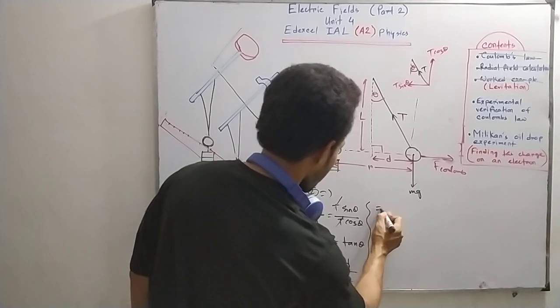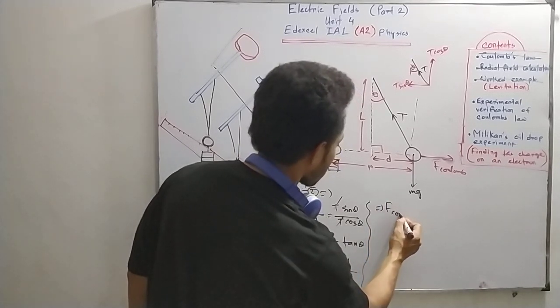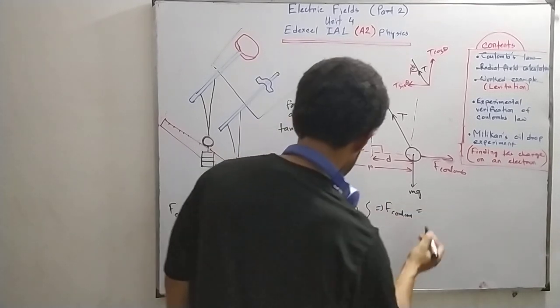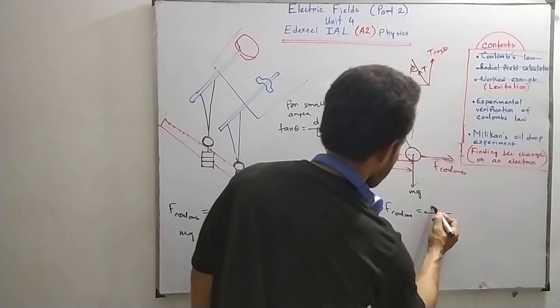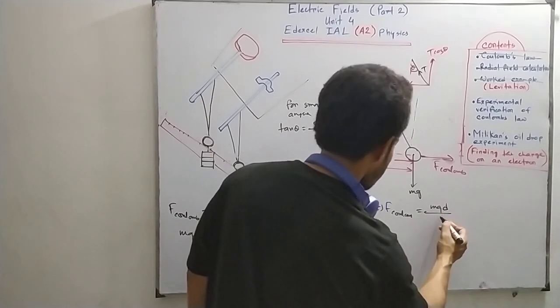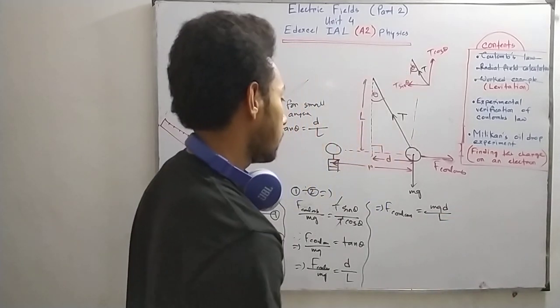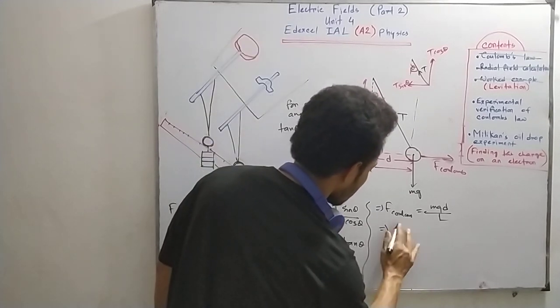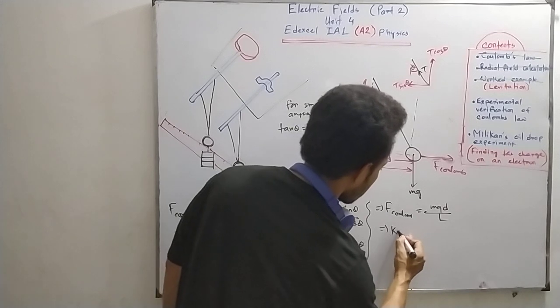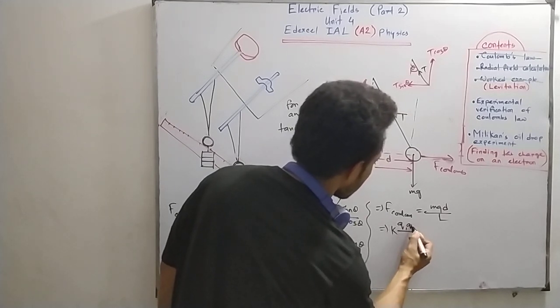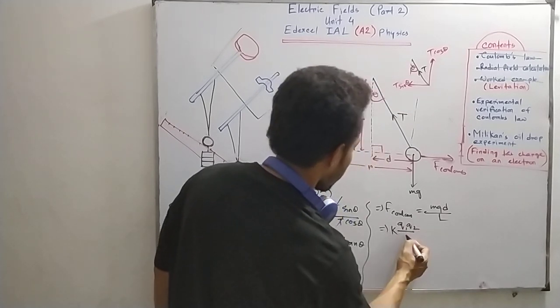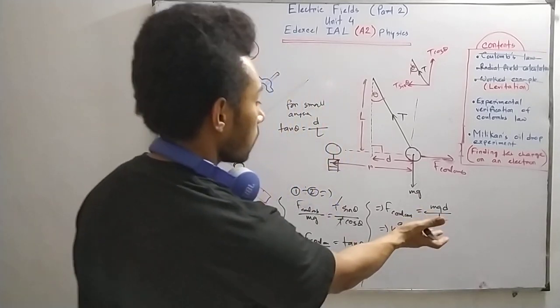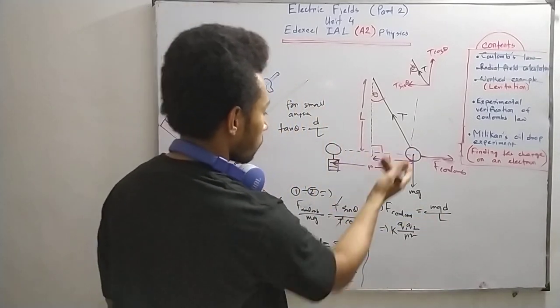Now F Coulomb will be mgd divided by L. Now F Coulomb is k q1 q2 divided by r square, where q1 and q2 are the charges on the spheres.